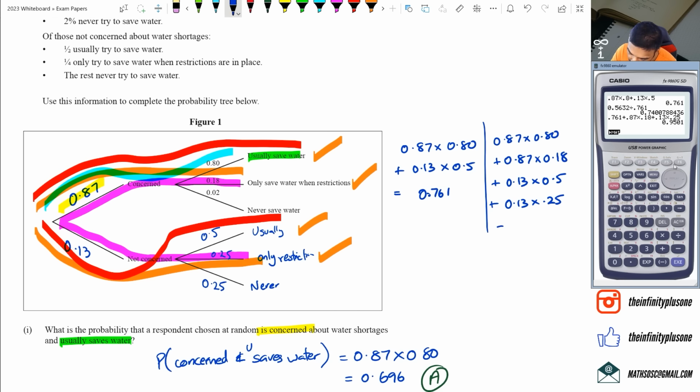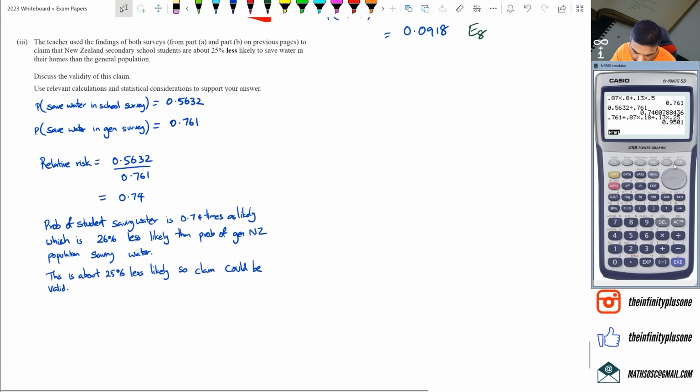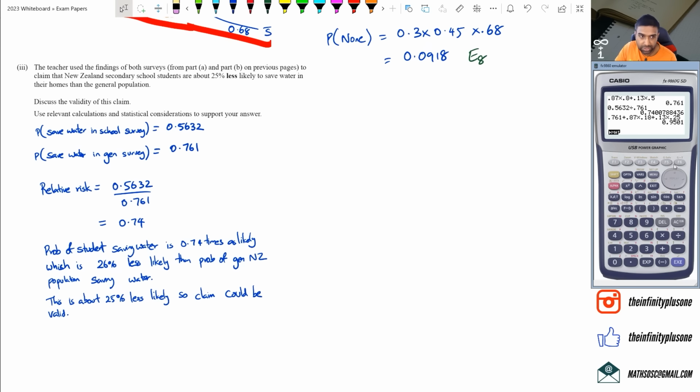Now this is actually going to give me 0.9501.